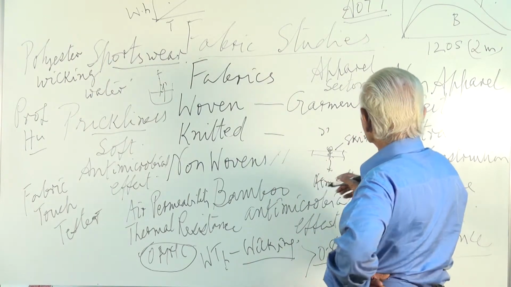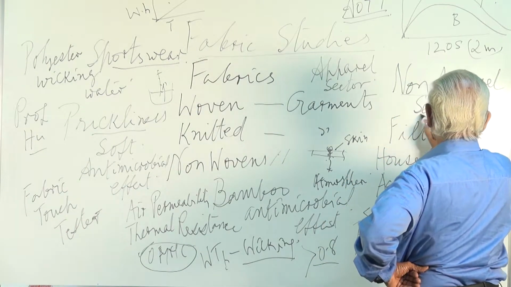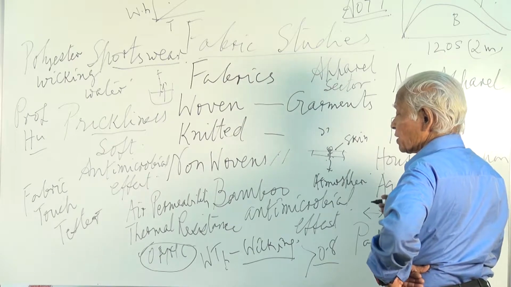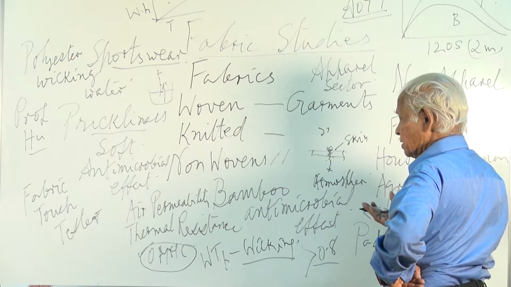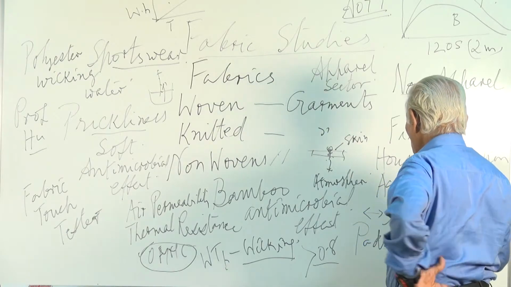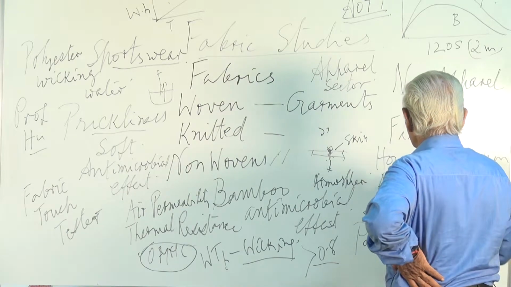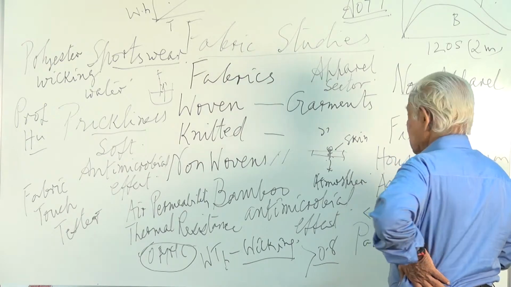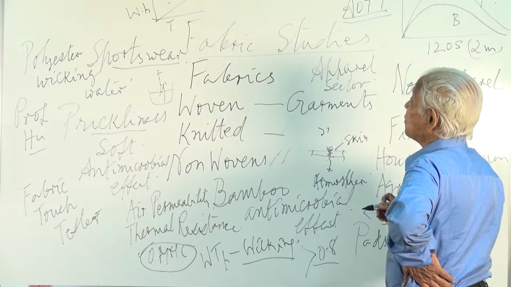And non-woven materials are used in non-apparel sector to a very large extent, for laying roads, for filtration, for geotextile, to take care of all these problems during flooding, this embankment, and for all the purposes in the construction of the houses and all that.